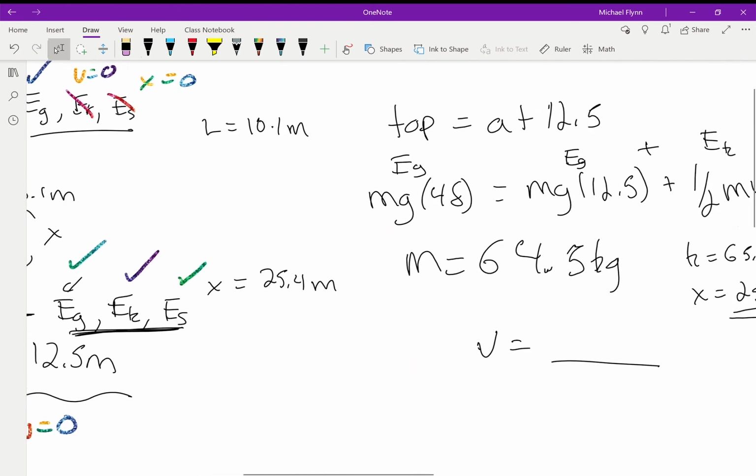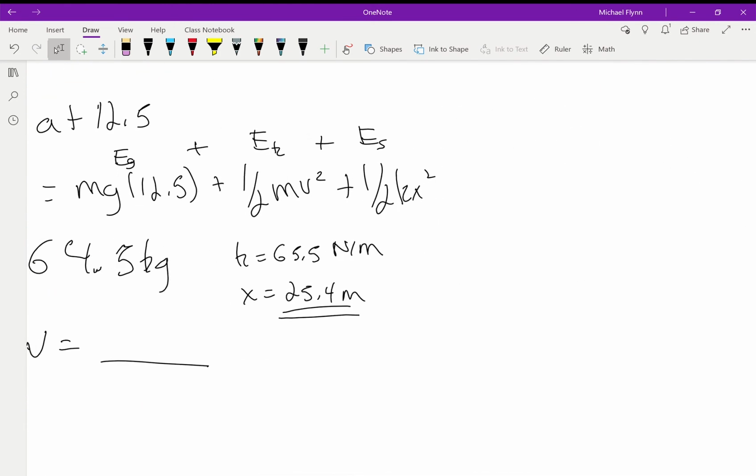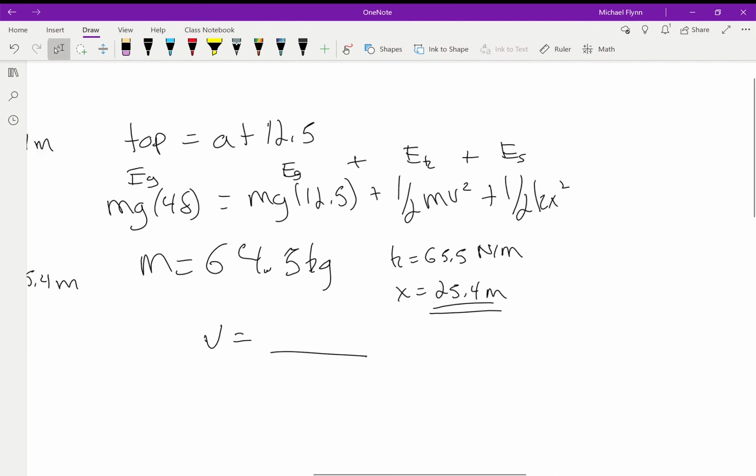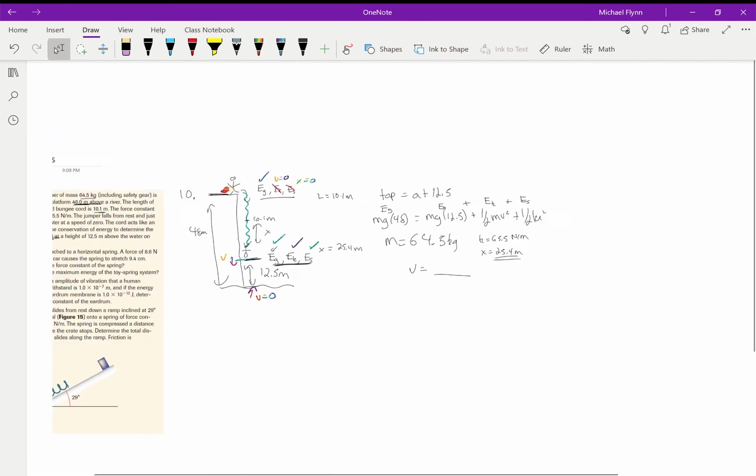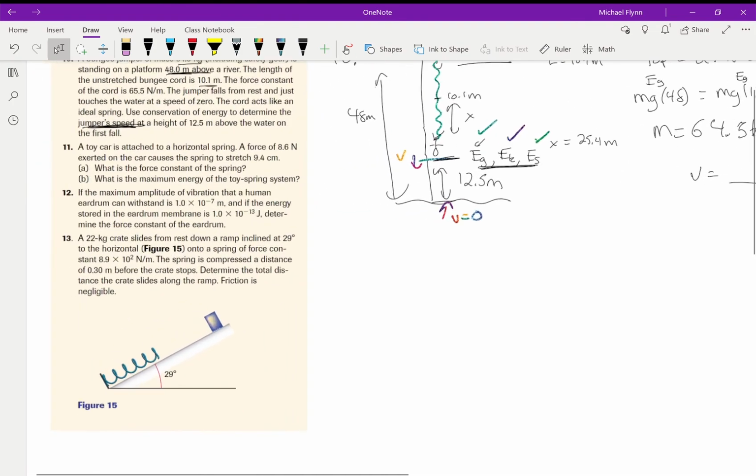So it could be, but then why are they telling us 10.1 meters? I'm thinking I did it right. There's a chance that x could be 35.5, but I think I did it right. So I would just go with what I wrote here. All right, so that's how you do question 10. Good one. I like that one.